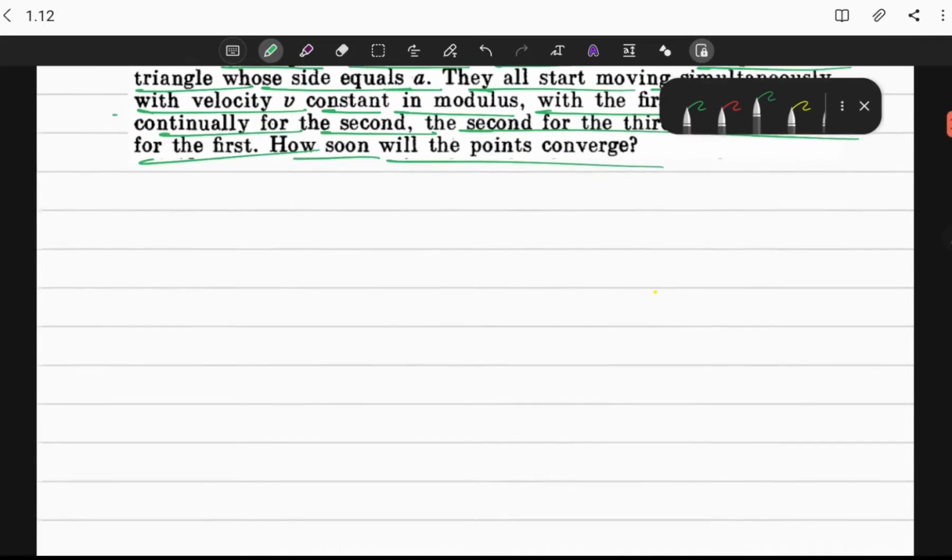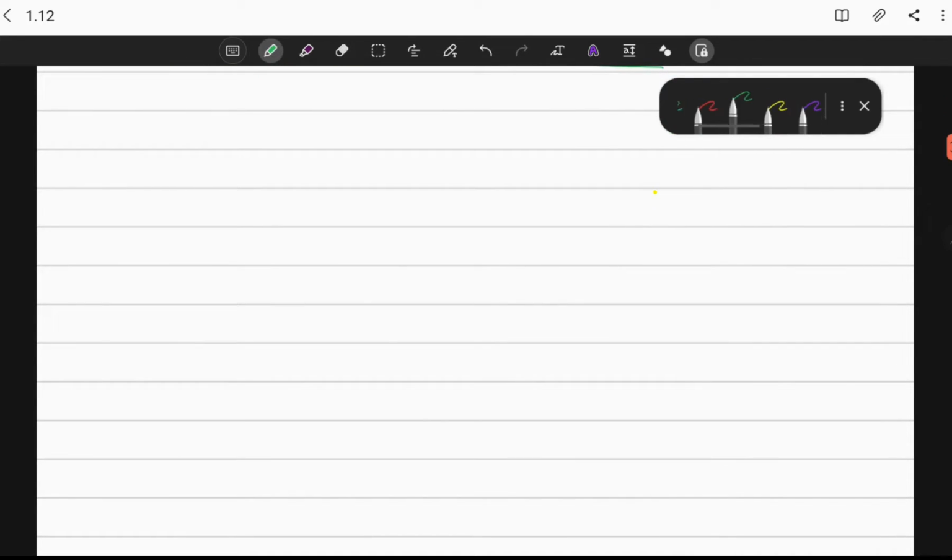Let us first draw the equilateral triangle.